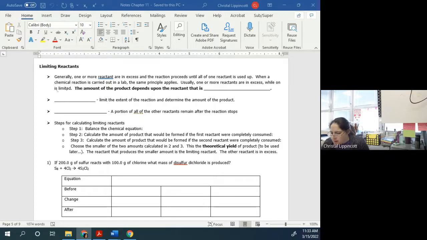That would have been what limited you from making more of those items. And so that's what we're talking about in terms of something being a limiting reactant. It's limiting you or stopping you from making more of the product. So the amount of product depends on the reactant that is limited.